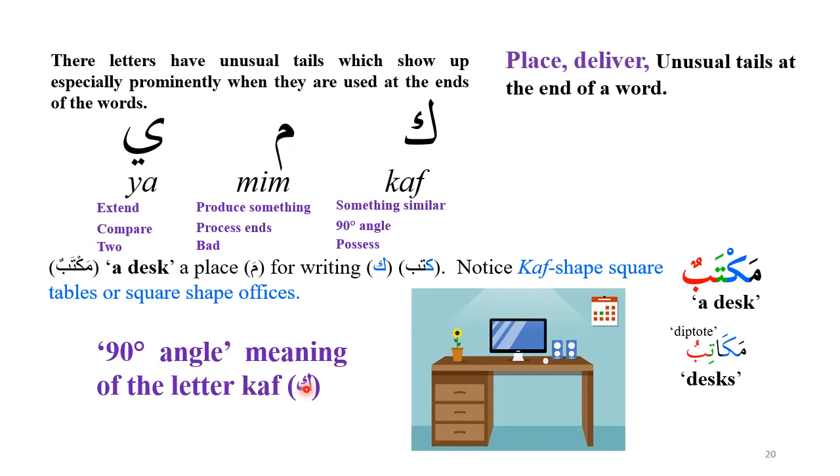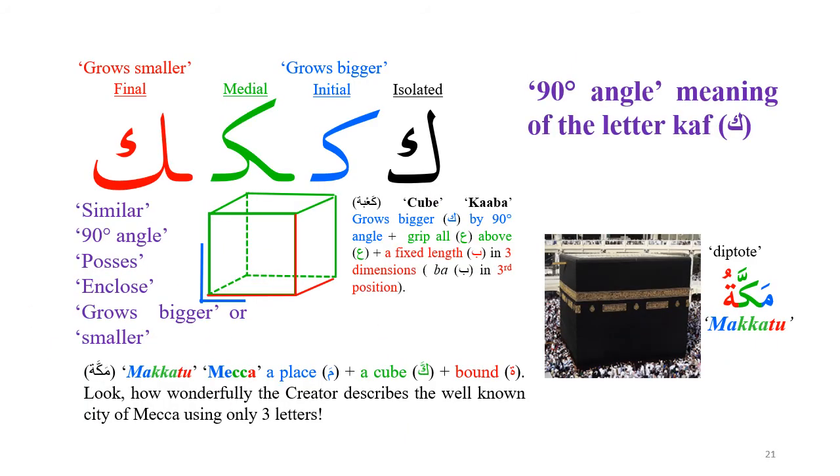All right. So the 90-degree angle meaning of the letter kaf is very, very important. It's fascinating to me how this 90-degree angle is applied in so many words related to the kaf. You can see that, say, cube. Cube in Arabic is ka'batun, or the Kaaba basically, right? And here one meaning of the kaf is grows bigger, if it is the initial letter, and if it's the last letter, it grows smaller.